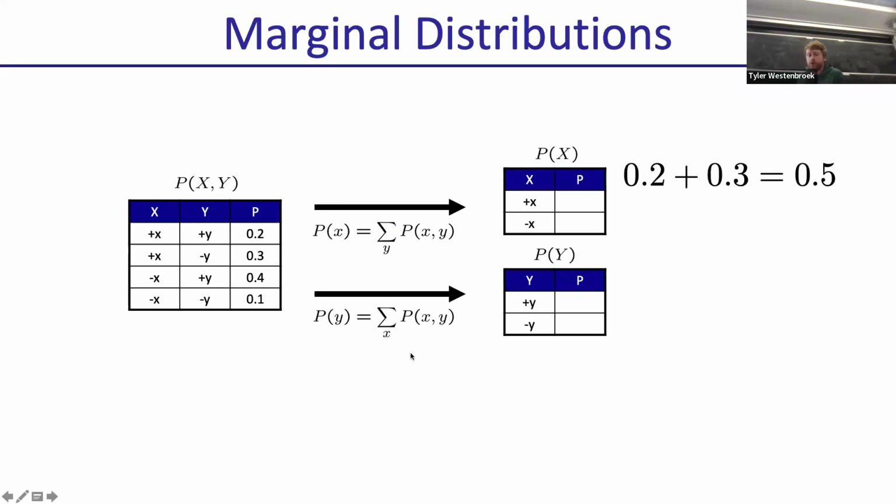For marginal distributions, it's similar. Again, if I want to calculate the probability that positive x happens, I calculate effectively the probability of x given positive y, and the probability of x given minus y. Add those two together, and I get my total probability for positive x happening.